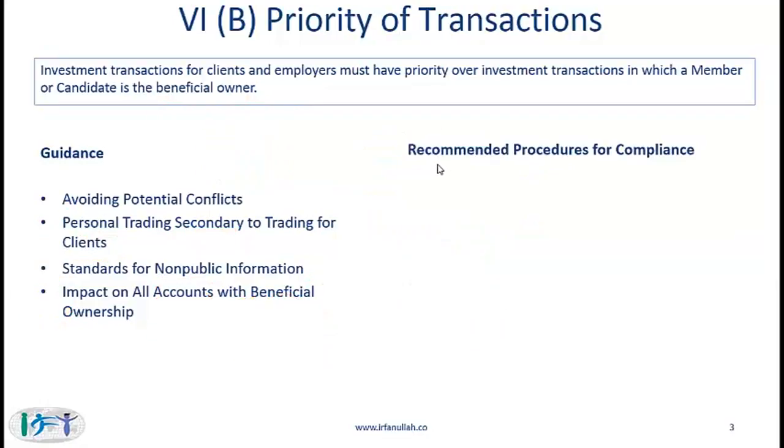Firms should establish procedures that deal with the potential conflicts of interest that we have been talking about. One major area where we have conflicts of interest has to do with equity IPOs. To understand the context here, IPO refers to an initial public offering.